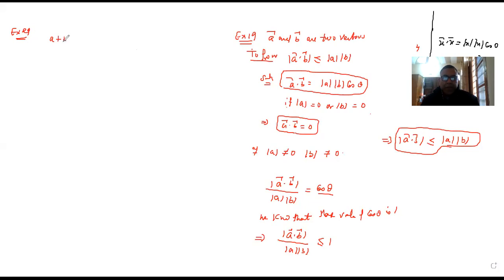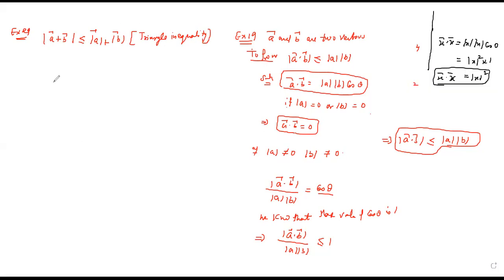prove that mod of A plus B is less than or equal to mod A plus mod B. This is called the triangle inequality. Solution.